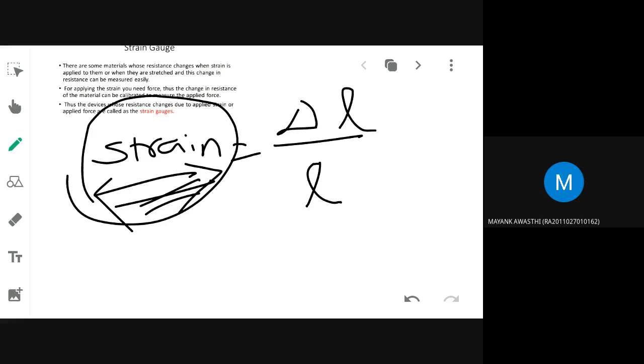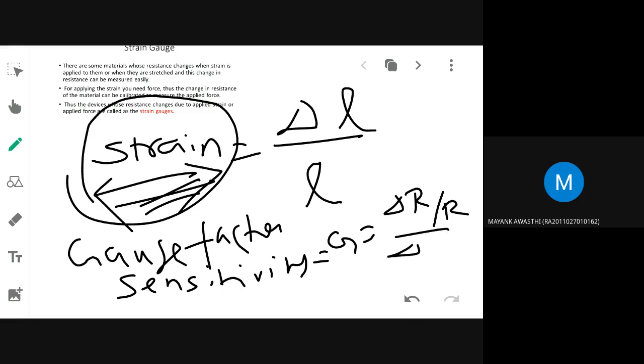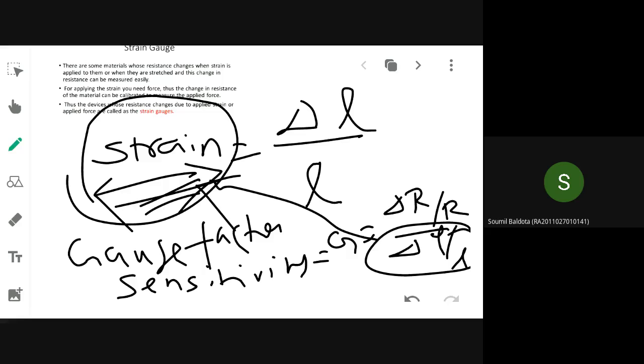And there is one more factor that is commonly asked in MCQs. What is the formula for gauge factor and sensitivity? That is given by G, which is equivalent to del R by R divided by del L by L. This del L by L is the strain.